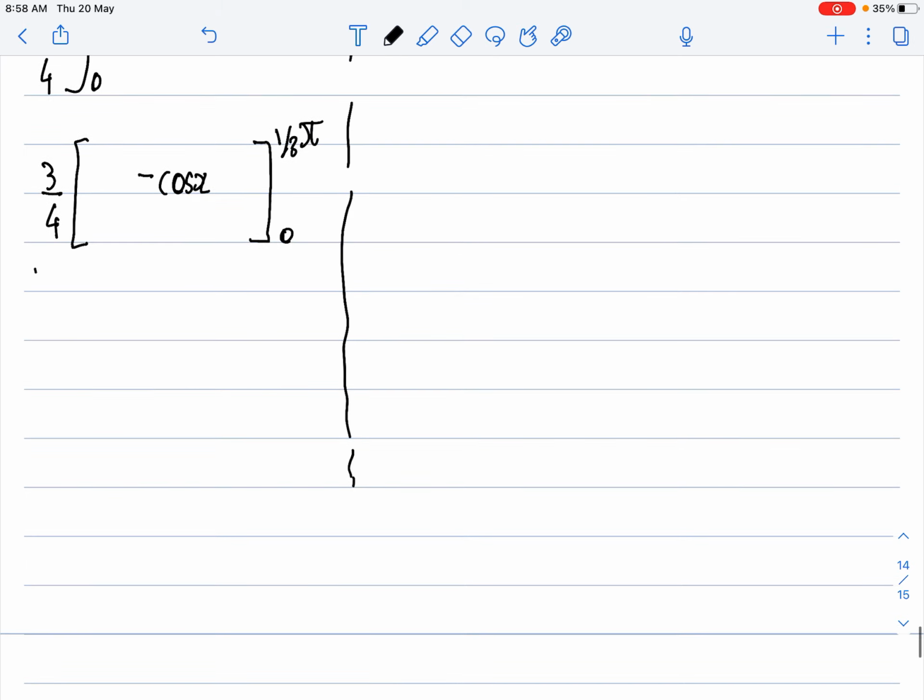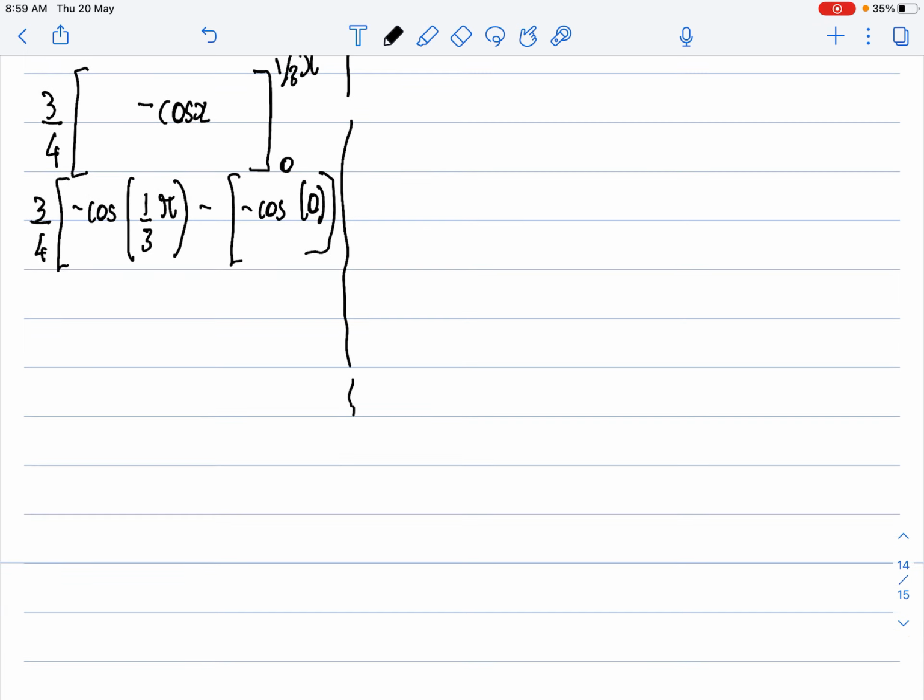So now I can write this basically as 3 over 4 with minus cos 1 over 3 pi minus minus cos 0.